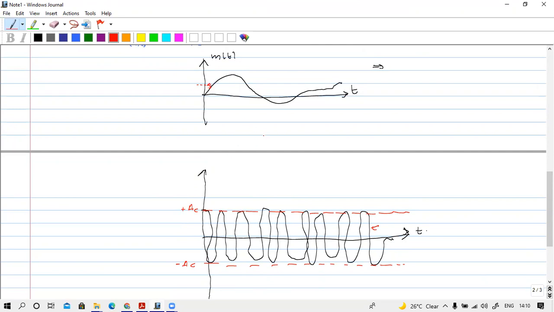So if I write, I get this part, this part.